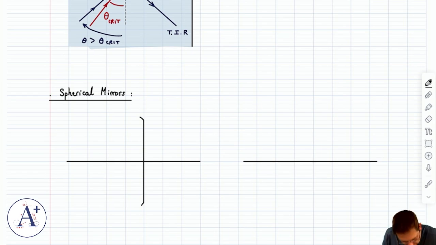Okay. If I tilt the edges inward, what I'm saying is that I have a mirror like this, where the back of the mirror is here, and the shiny surface is this surface here. This is a concave mirror.